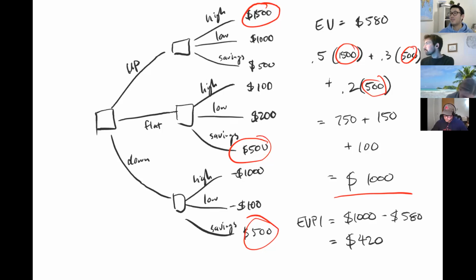And the value of that information is the difference between what you could make in the best possible scenario versus the expected value in the original problem. And so this is a nice and really logical way of figuring out how much you should pay for information or how much you should pay to reduce uncertainty.